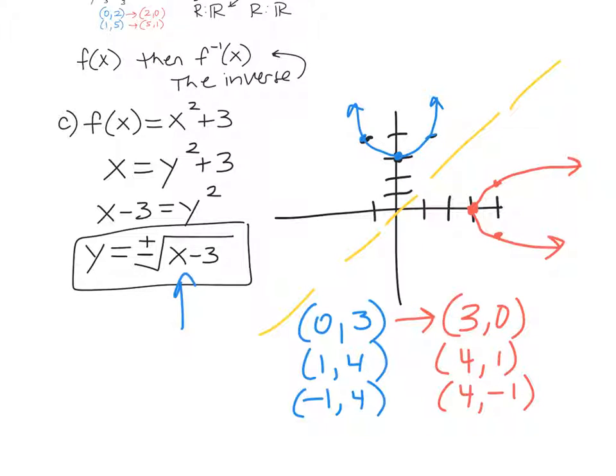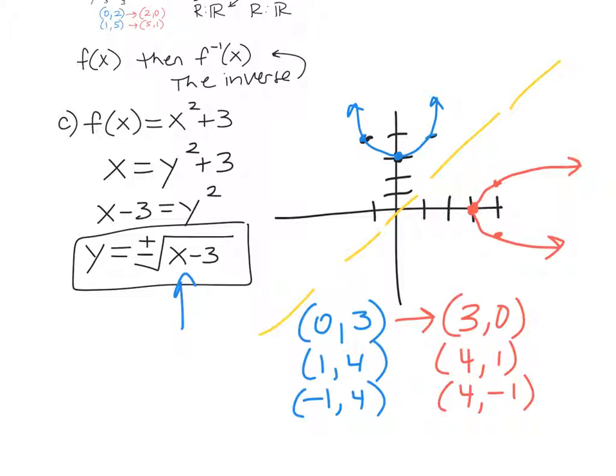Let me show you on your calculator real quick. If you were to graph the square root of x minus 3, and we hit graph, it's only going to do the top half. See, when you're in this mode, y equals, you're in function mode. Is a sideways parabola a function? No, it's not a function. So if you were going to graph both parts of it, you'd have to really graph 2 things.